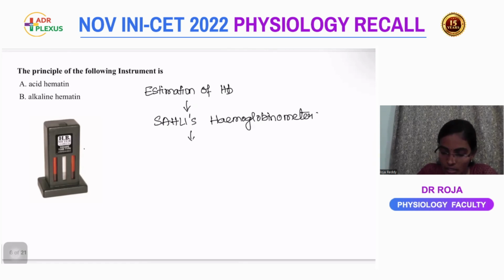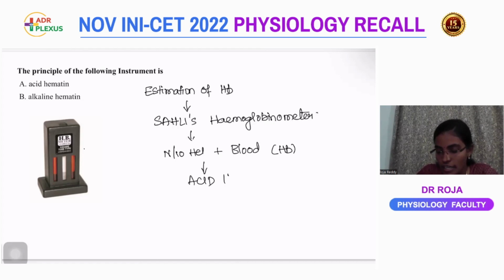Okay, so Sahli's hemoglobinometer. Now, what is the working principle of this instrument? In this particular experiment, we'll not go into the depth of it. N/10 HCl will be made to react with the given sample of blood, which reacts with the hemoglobin present in the RBCs, and results in the formation of acid hematin.